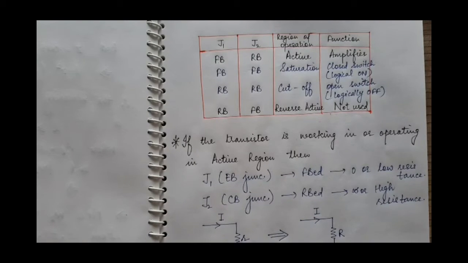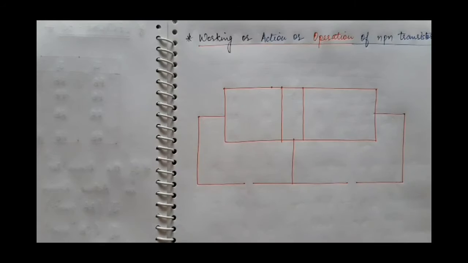So now we will discuss the operation of the NPN transistor. It is also known as the action of NPN transistor or working of NPN transistor. So first we have the NPN transistor. For the working or action or operation of NPN transistor, first draw the block diagram.